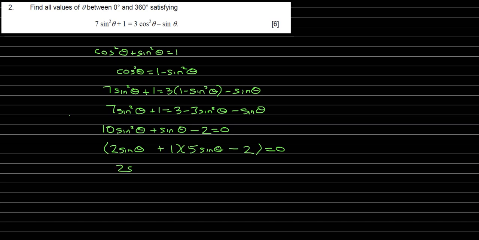So 2 sine theta plus 1 equals 0. So sine theta is minus a half, or 5 sine theta minus 2 equals 0. So sine theta equals 2/5. So now we need to work out the acute angle, ignoring any negative signs there.